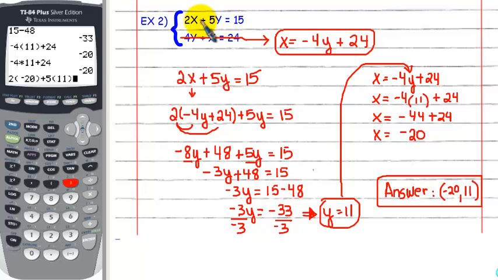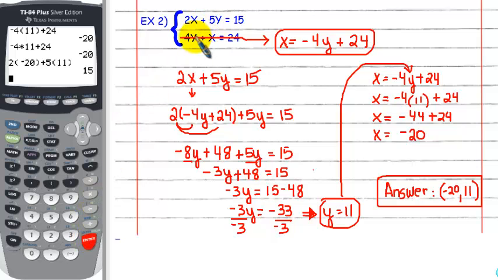So if you notice, it's just like writing 2x plus 5y, but instead of writing x, I replace it with the value of x and the value of y. And if the answer that we got is correct, then I should get the answer 15. So here it is, the moment of truth. We got it right, so that means it's correct.